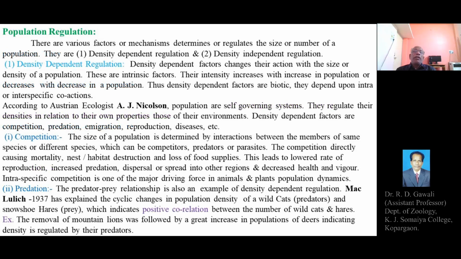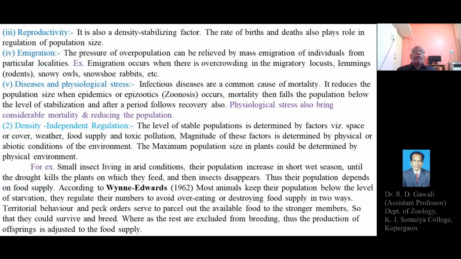In density dependent regulation, we have explained five types of biotic factors which change on the basis of increased or decreased number of individuals of the population, and they are competition, predation, reproductivity, emigration, and fifth is diseases and physiological stress.